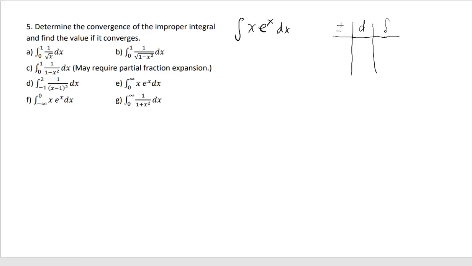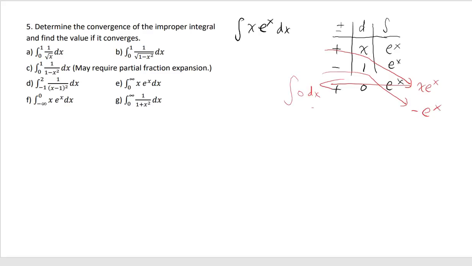So, x differentiates to 1, 1 differentiates to 0, e to the x integrates to e to the x, e to the x integrates to e to the x, plus minus plus. That way it's x times e to the x. This gives you negative e to the x. Last row has to be multiplied and integrated. So you get 0 integration, which gives you c.